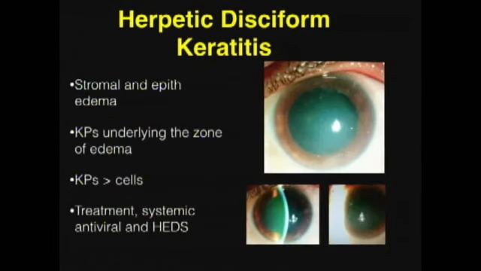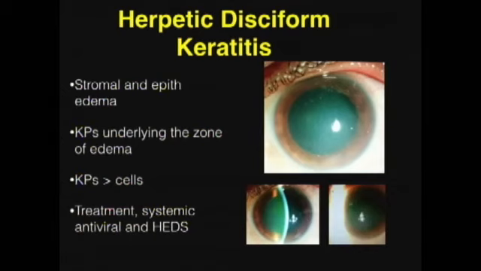So herpetic disciform keratitis is mainly an endotheliitis that will lead to stromal and epithelial edema. With IK, there is no epithelial edema, mainly stromal edema. However, with the disciform keratitis, you will have stromal and epithelial edema, and it's discoid in shape.